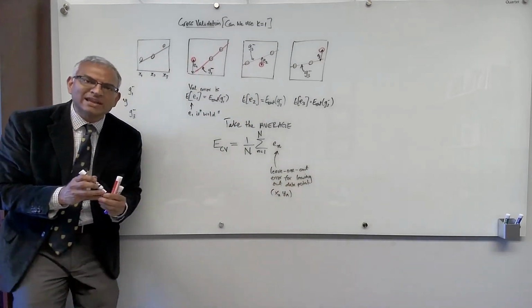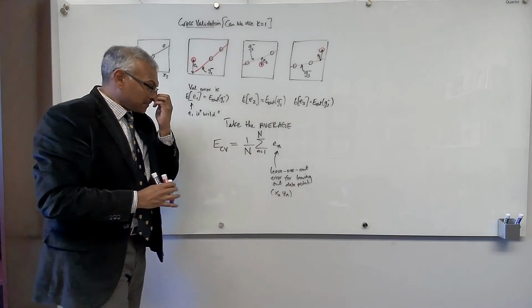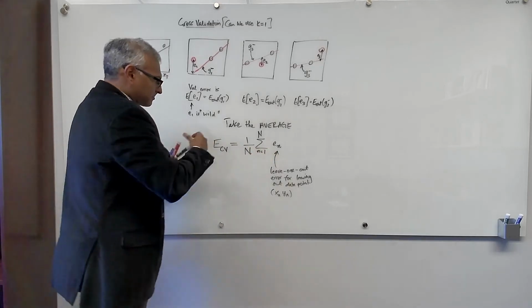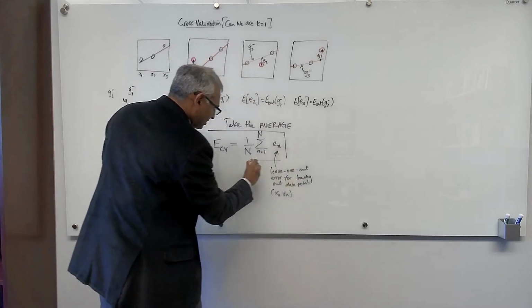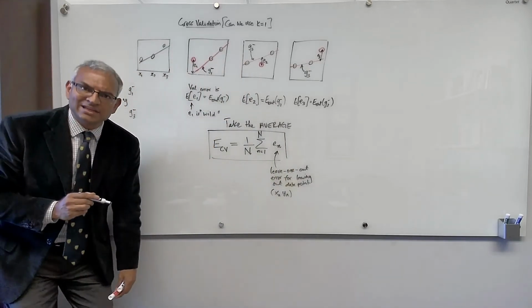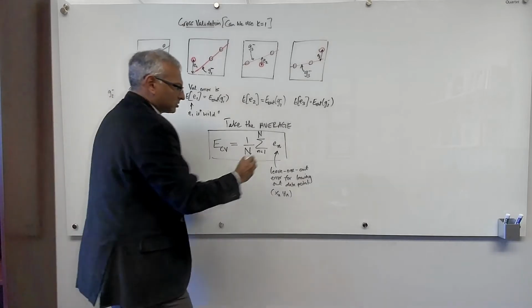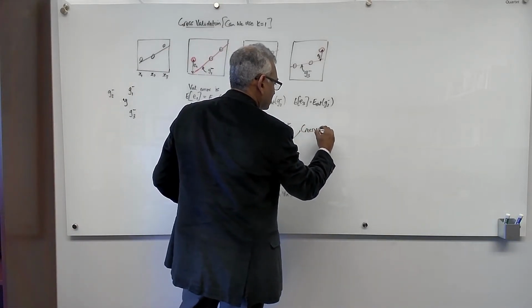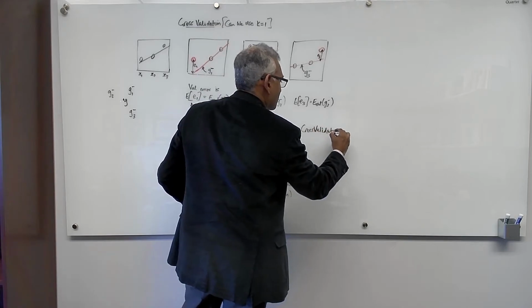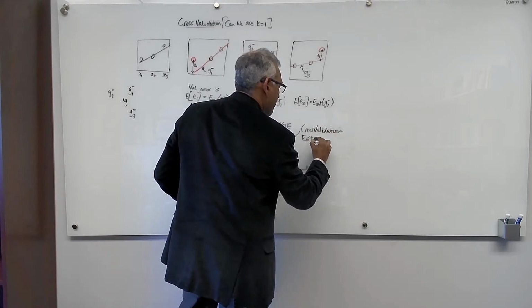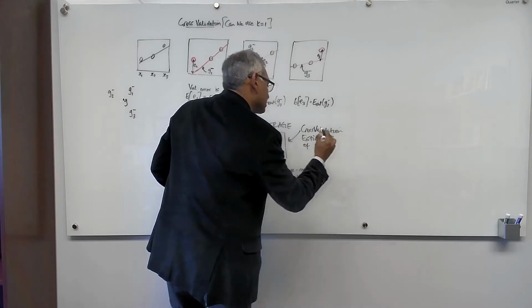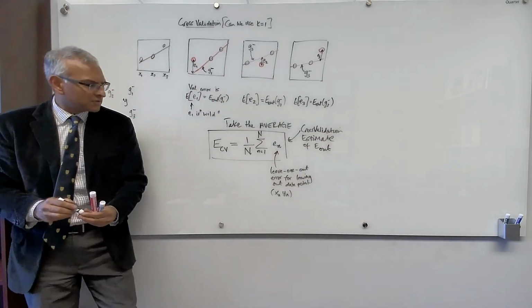I just get all the leave one out errors and average them. So that is my cross-validation estimate of E out. Sometimes it's called the leave one out error for this reason.